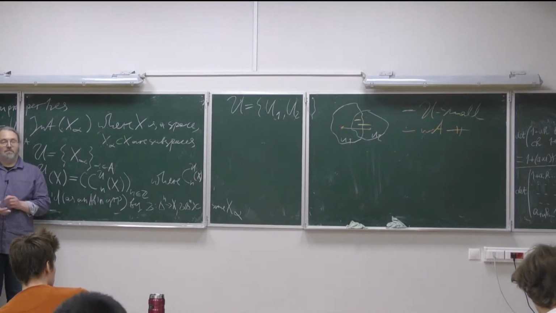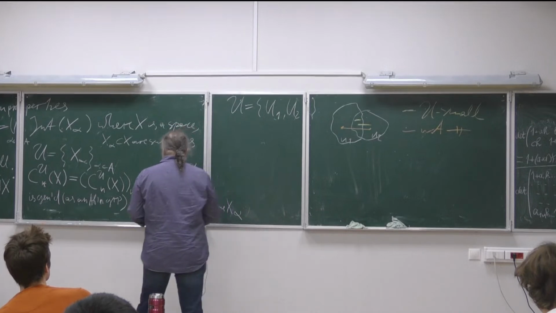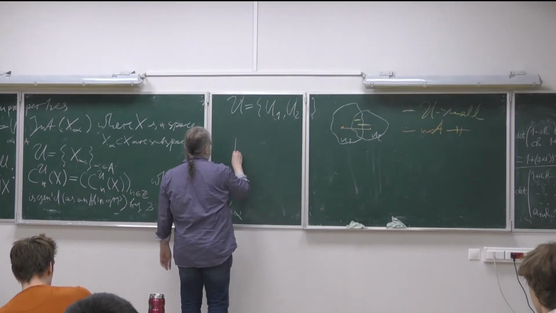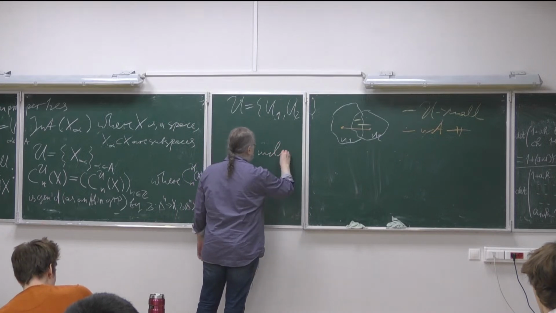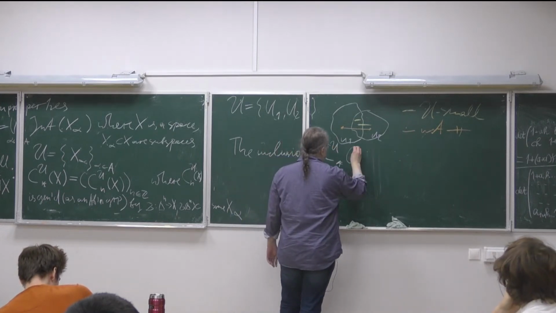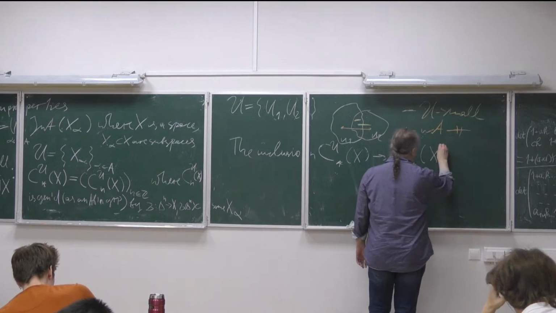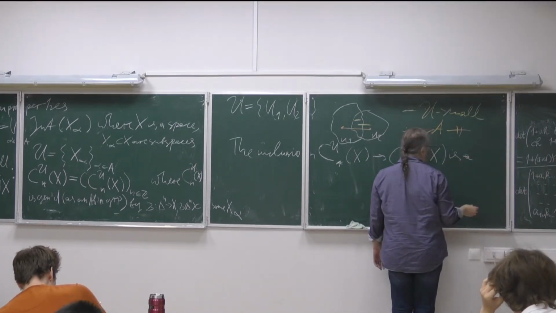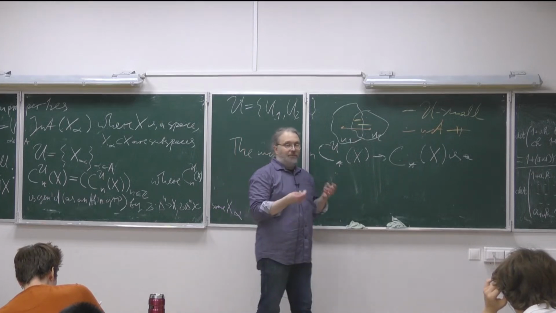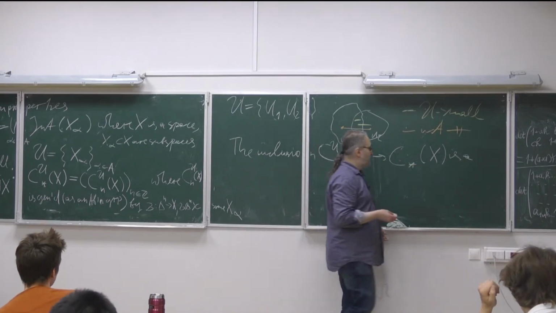Does this make sense? Okay. Now, the property I want to state is that the inclusion of U small simplices into the whole singular chain complex is a chain homotopy equivalence.